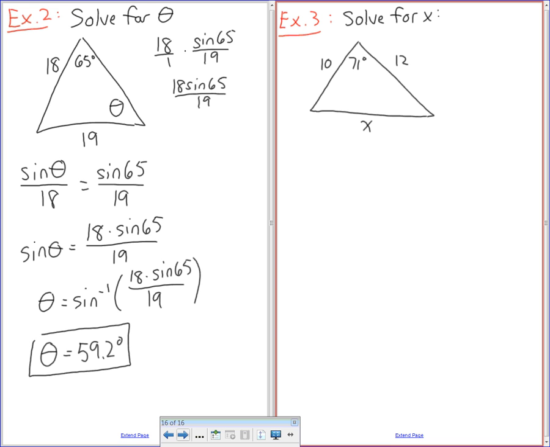All right, I'm going to take this down. I encourage you to. Okay, so it says here, solve for x.